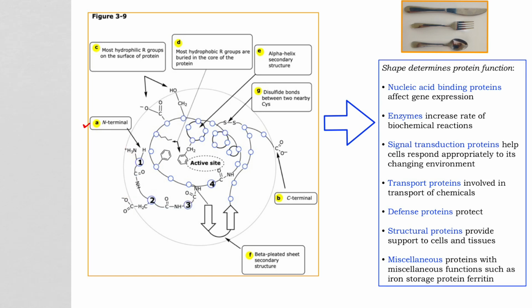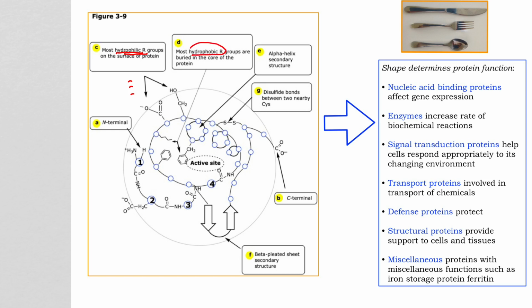So at one end, there'll be an N-terminus, an alpha carbon to which is connected an amine. And then on another end, somewhere in the protein, there will be a C-terminus, a carboxyl joined to the alpha carbon of the last amino acid in the protein chain. And as we mentioned, all the groups that like water will be on the surface. Hydrophilic groups that like water will be on the surface.